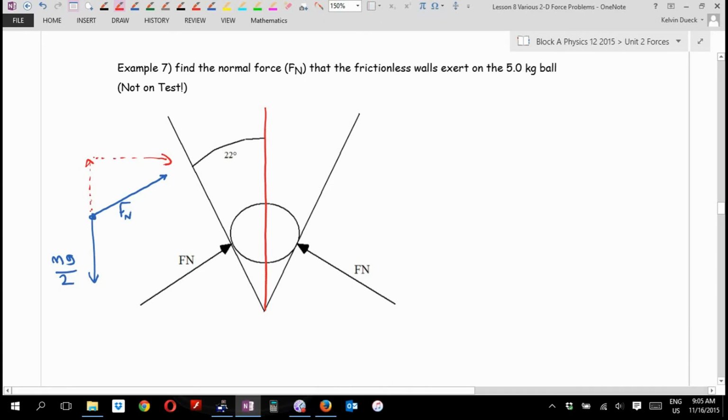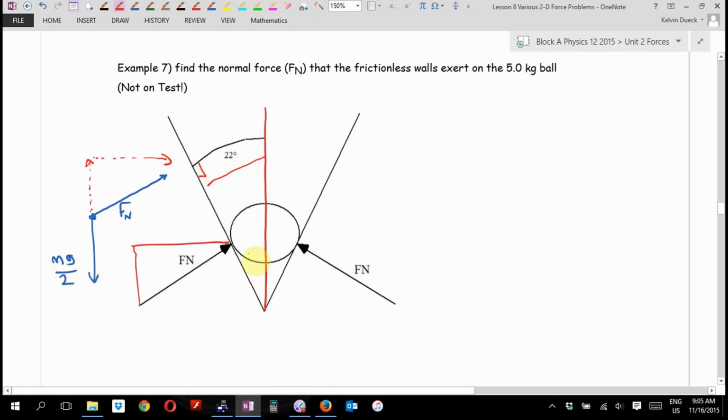I'm pretty sure I've got to get my angle right. It looks like next to a vertical line. Oh boy, I've got to draw this properly here. I'm going like this, like this. So that's 22 degrees. That makes this 90 degrees right there.